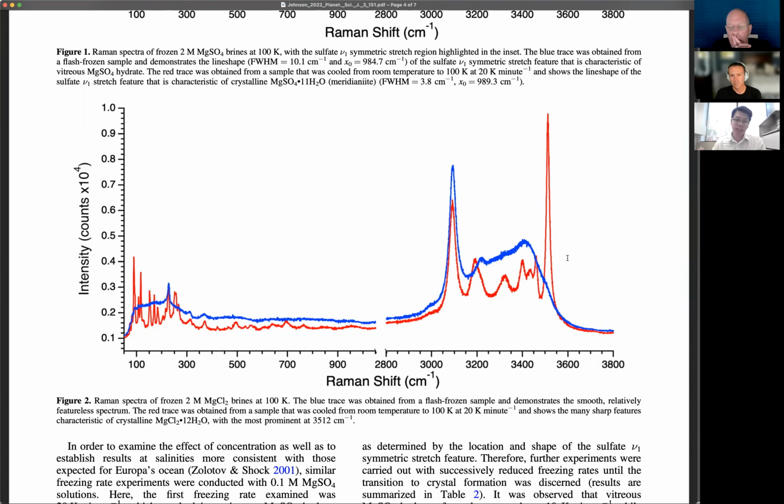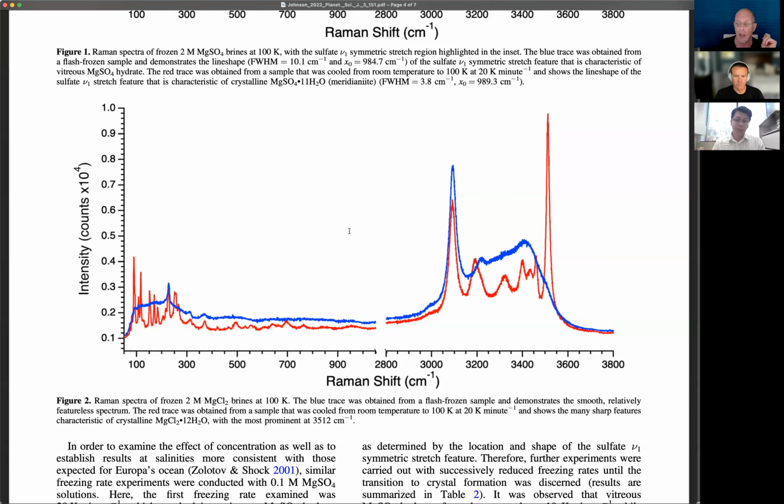You can also see a little bit of that in the 100 to 300 region. It's also quite sharp. That region is typically the lattice vibration of water, which, when you have magnesium chloride binding to the water, is going to look different than water by itself, and that's what gives you those features.